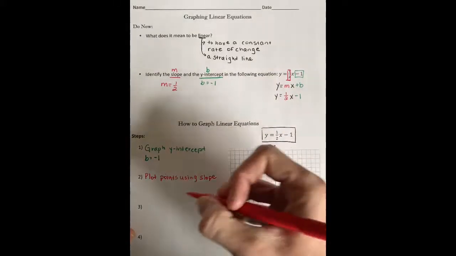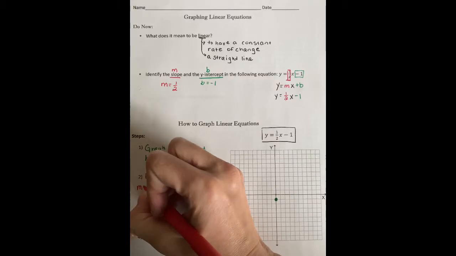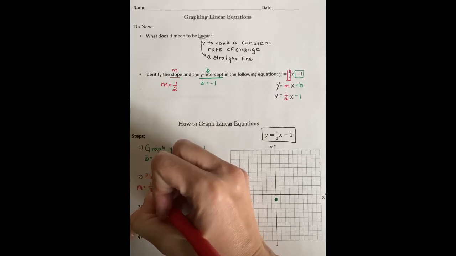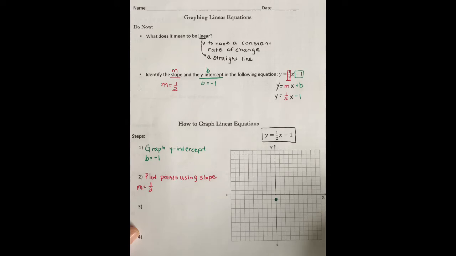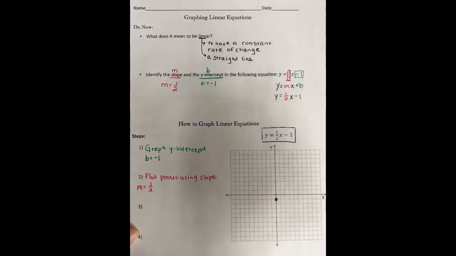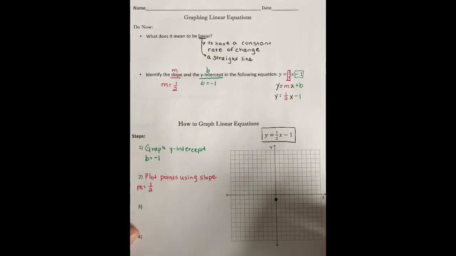And here my slope is 1/2. Now, when we're looking at a graph, we know that our slope formula is rise over run. So we're going to use that in order to help us plot the other points on the graph.